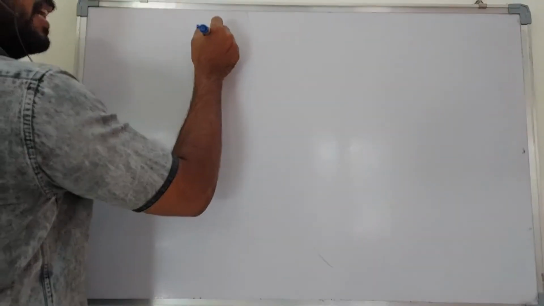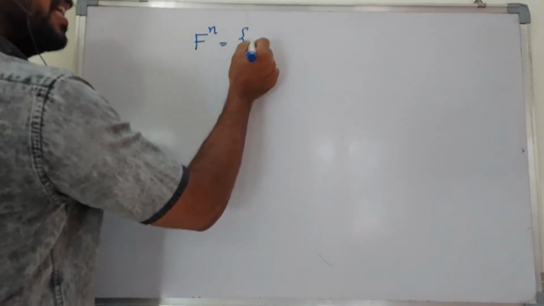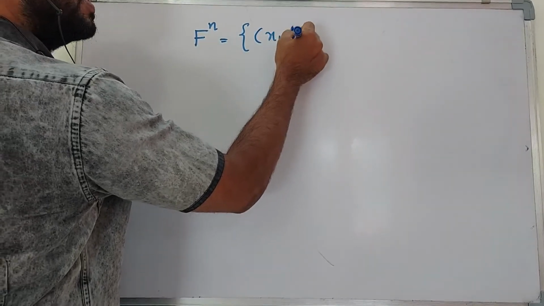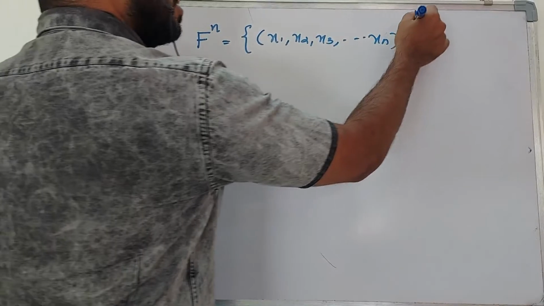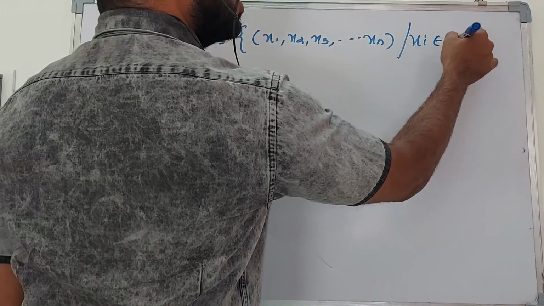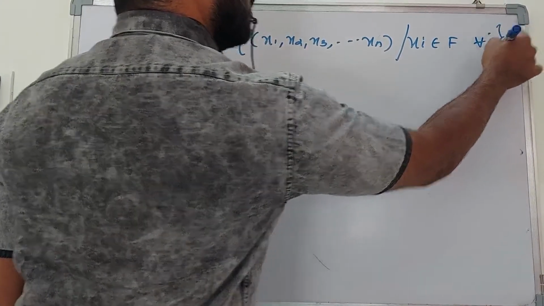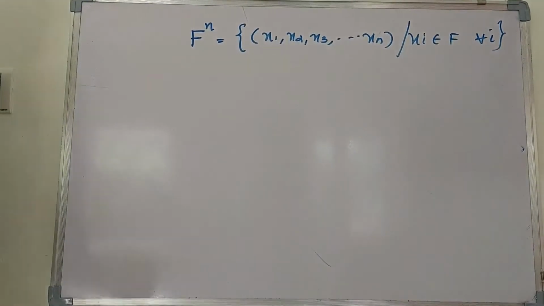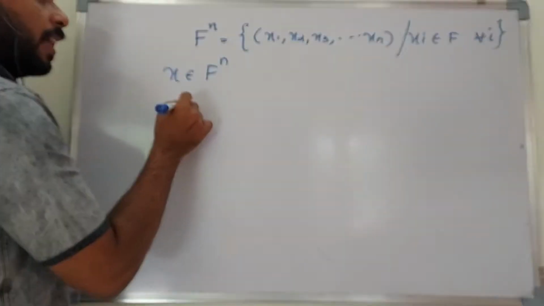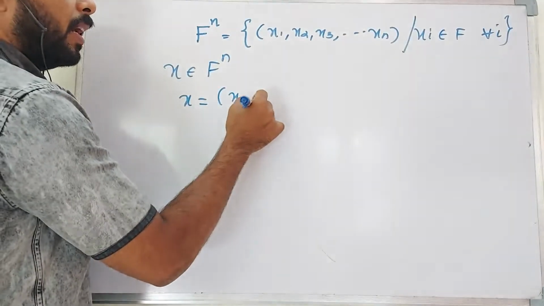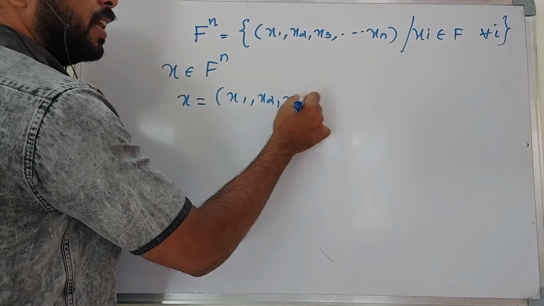Consider Fn, the set of all n tuples x1, x2, x3, etc., xn, where xi belongs to F for every i. If x is an element of Fn, then x is an n tuple x1, x2, x3, etc., xn.